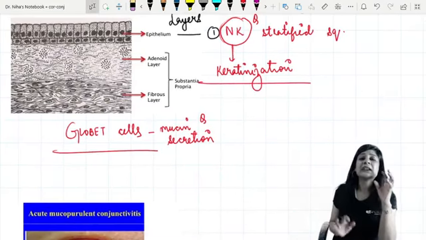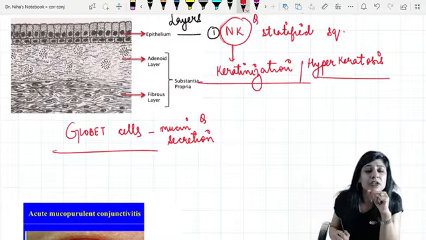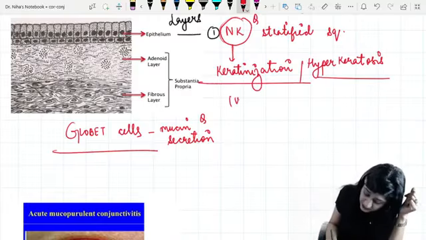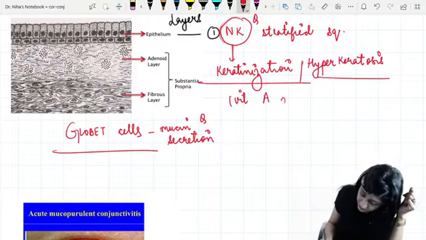Metaplasia means change of epithelium. If I am having change of epithelium from the non-keratinized to the keratinized, this is also called hyperkeratosis. This hyperkeratosis of the epithelium occurs in vitamin A deficiency.